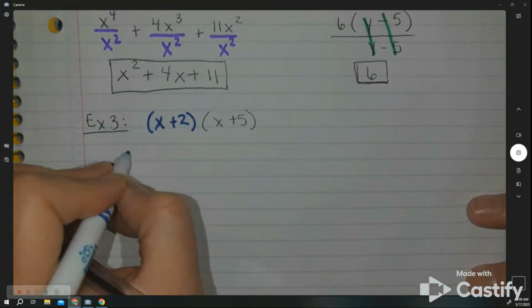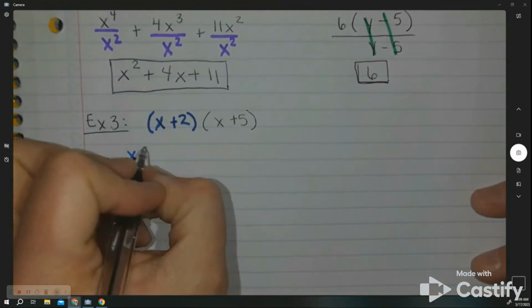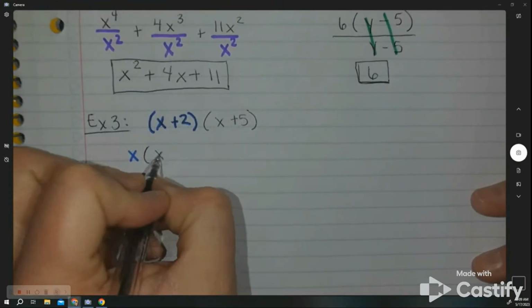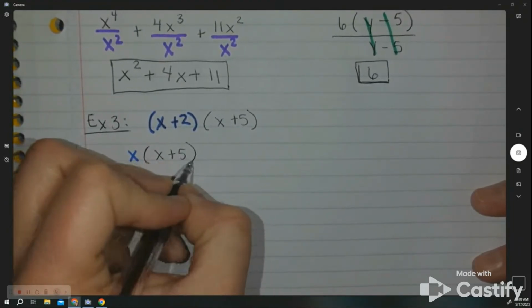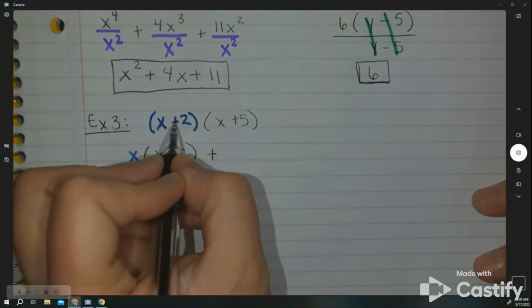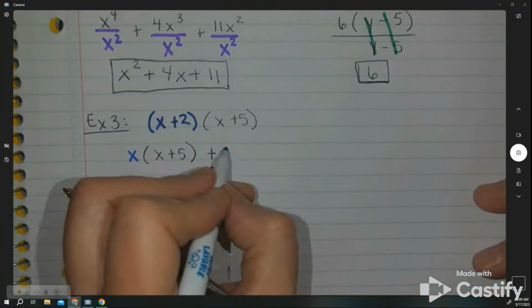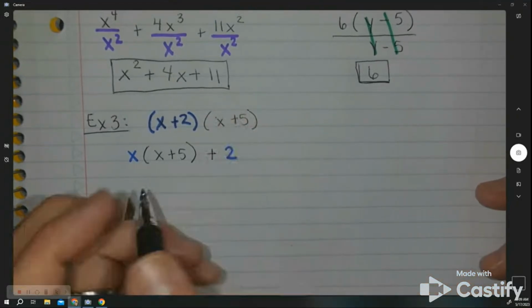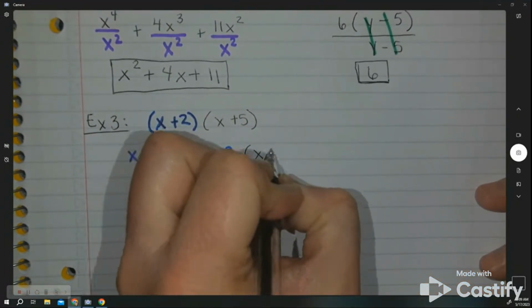So this would be x times all of x plus 5, and then plus, because it's separated by addition, 2 times all of the second binomial, x plus 5.